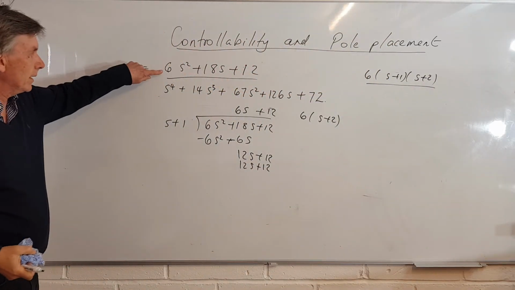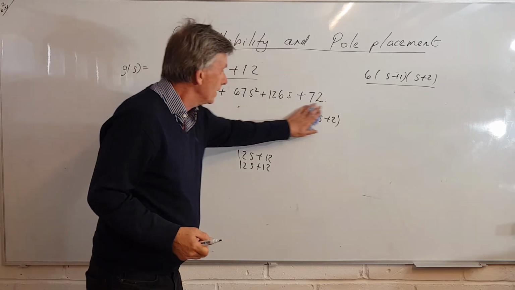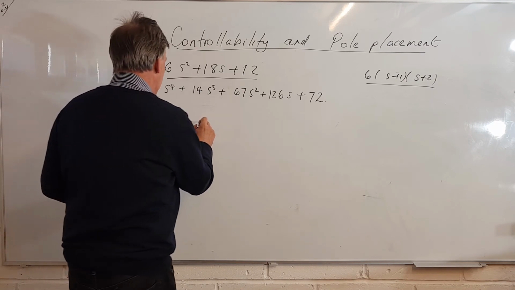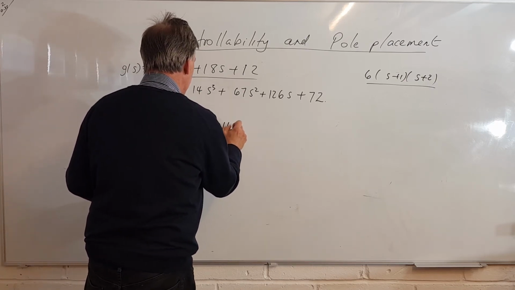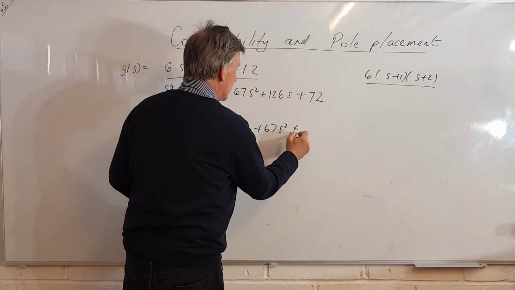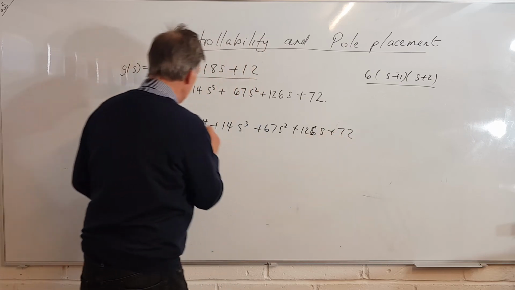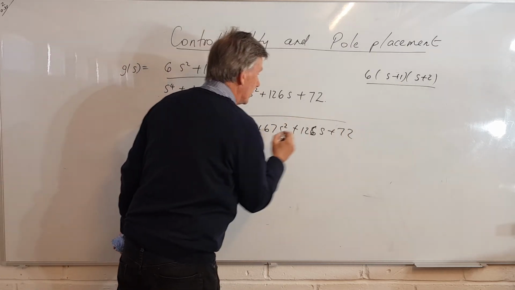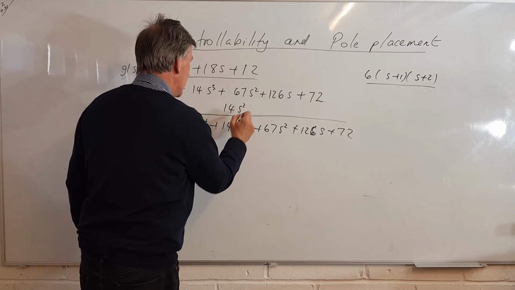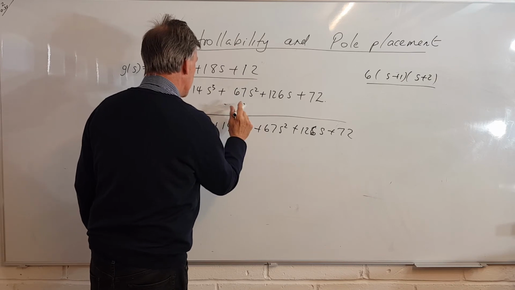So we've taken that one there, factorised it like this, and then we can have another go now at doing a long division on this one. So we've got s to the fourth, 14s cubed, 67s squared, 126s plus 72, and divide this one now by s plus 1, so it's going to be just s cubed actually.